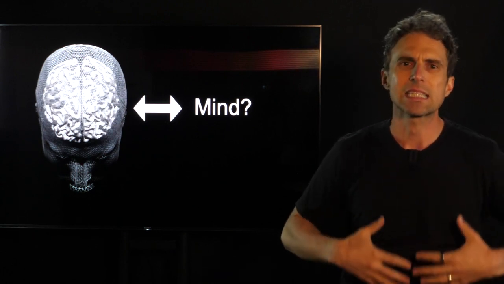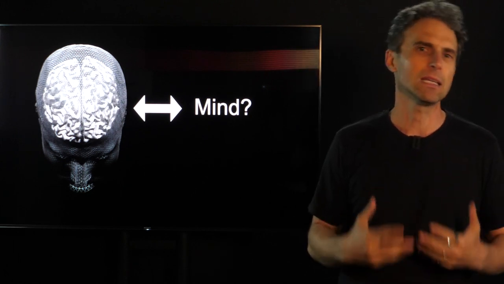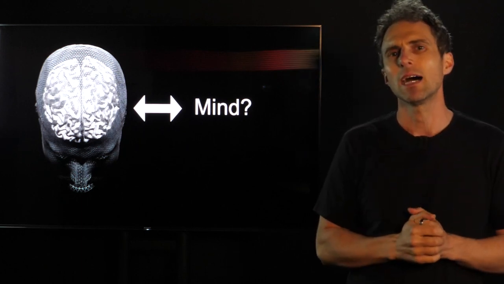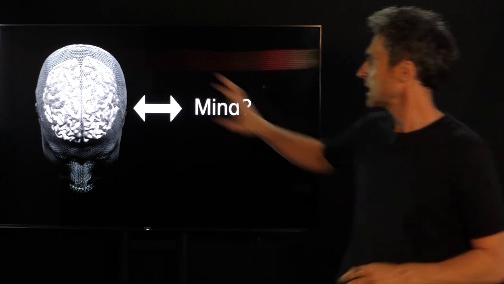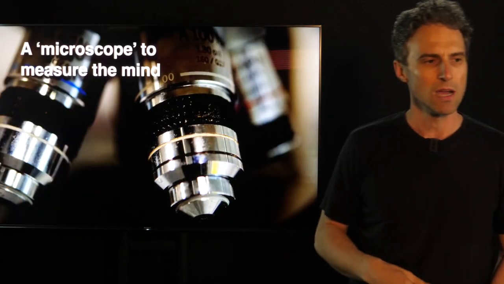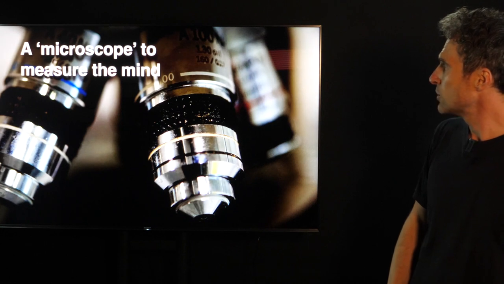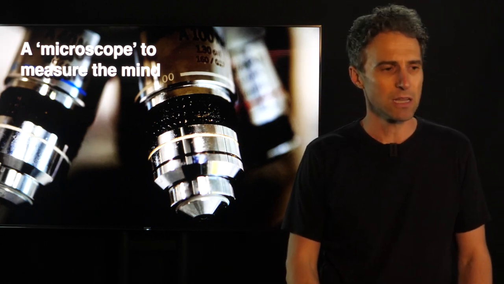So trying to, if you like, get a microscope for the mind, trying to develop that blood test for the mind, trying to develop more objective, hard methods, if you like, but that's not a great name, I don't like that, like we have here for the brain, but for the mind. So that's what I'm going to try and convince you of a little bit today, right? That we can have a microscope to try and measure dimensions of the mind, and of course, in particular, mental imagery, the imagination, therefore, aphantasia.